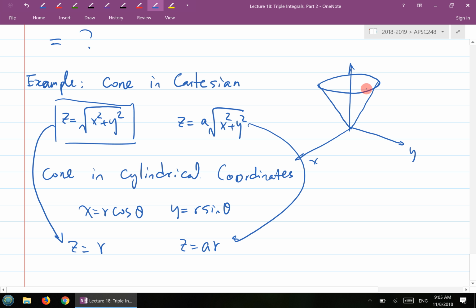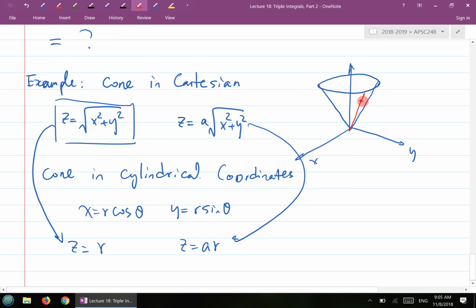Let's say I pick any point on the surface of the cone, and I can always draw an edge from the origin connecting to the point. So that's the edge line along the surface of the cone.